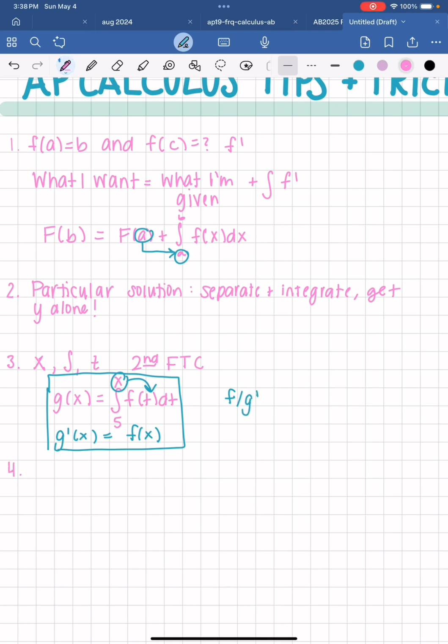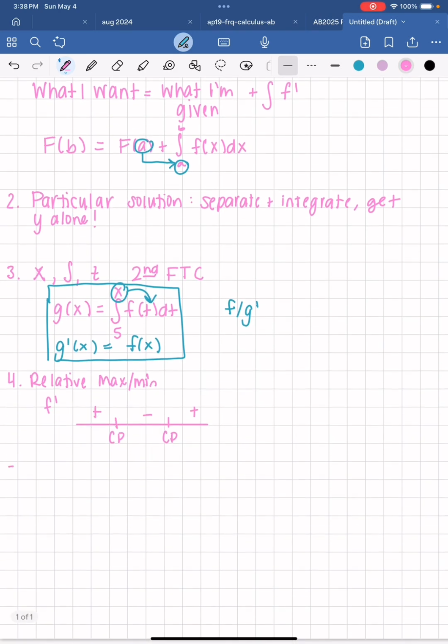Tip number 4. If they ask for relative max and min, that's when you make a number line this way, and you put your critical points on the number line, and you're plugging into the first derivative to see if it's plus, minus, plus, and whatnot.